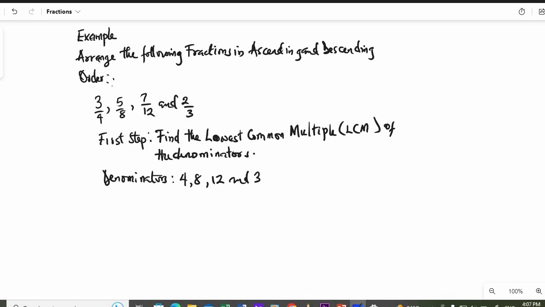So how do we do this? So the first thing we want to do is to draw a table like this. Okay. And then you write the denominators, the numbers again. Just write them out neatly.